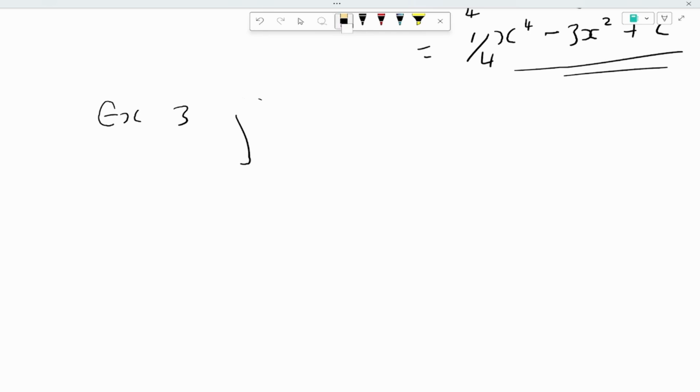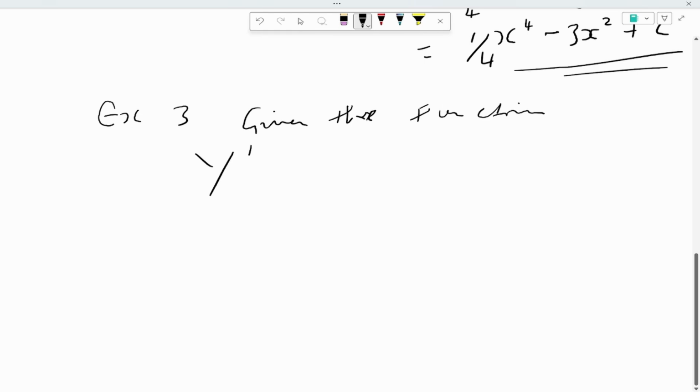Let's say it's given differently, so that you just say, okay, given the function y prime equals 3x squared plus x plus 5.